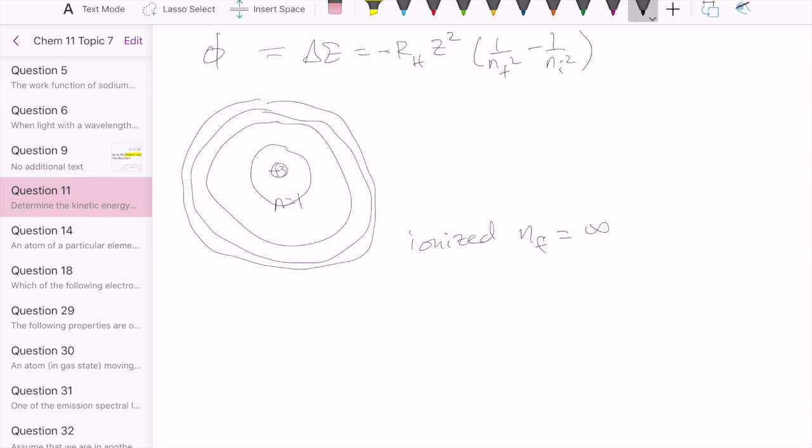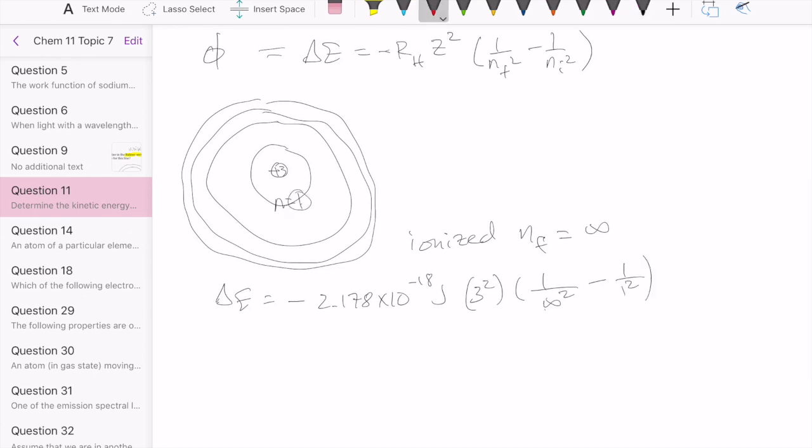We're going to first calculate delta E, and the Rydberg constant, or RH, is 2.178 times 10 to the minus 18 joules. The atomic number, the Z for lithium, is 3, so we would do 3 squared in this case. And then 1 over n final. N final is infinity, so we're going to do 1 over infinity squared minus 1 over the initial n, and that is at the lowest level, so that's 1 squared.